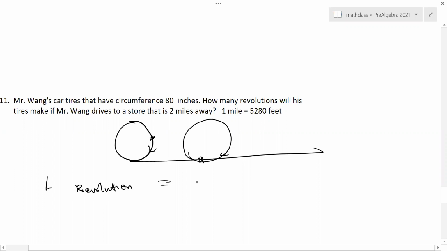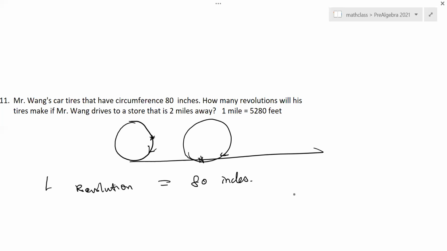One revolution, it travels 80 inches. So we're trying to find how many revolutions.